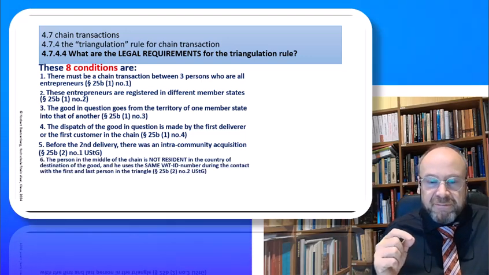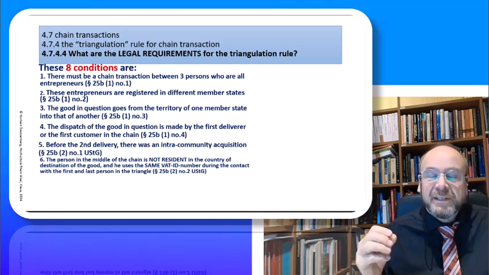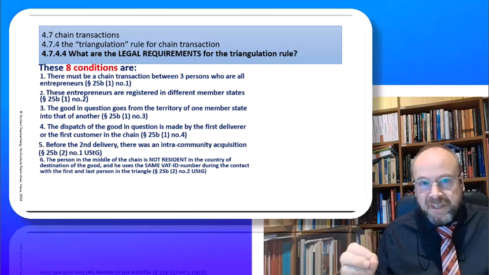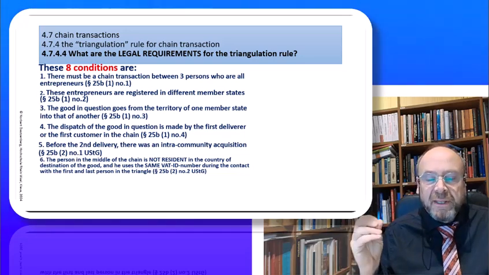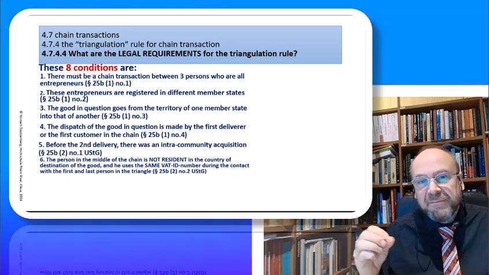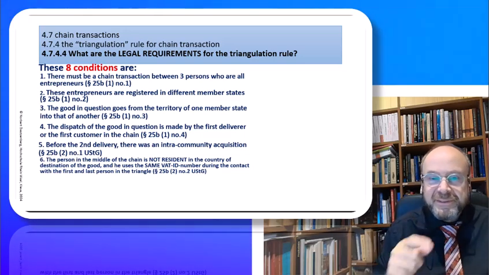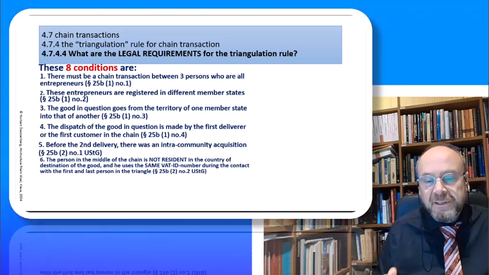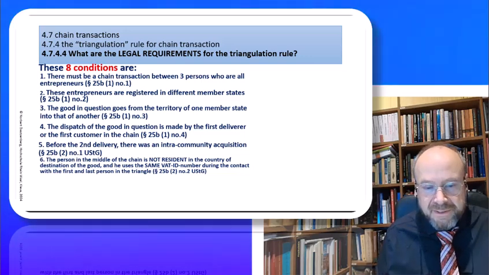The person in the middle of the chain is not resident in the country of destination, because otherwise he would be taxable there and wouldn't need any simplification rule. And that person uses the same VAT number of a state who is not identical to the first and the last state during the contact with the first and the last state.